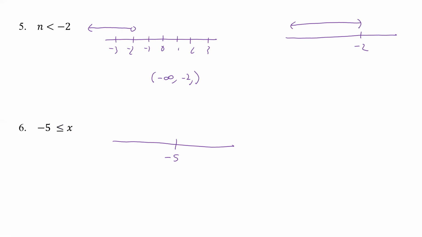So X is greater than or equal to -5. So that means greater than or equal to is going to be a closed circle, and it's going to be greater than, so we have it going that direction. So our notation would be -5 to positive infinity. And again, if you wanted to put more numbers here, that would be fine as well.